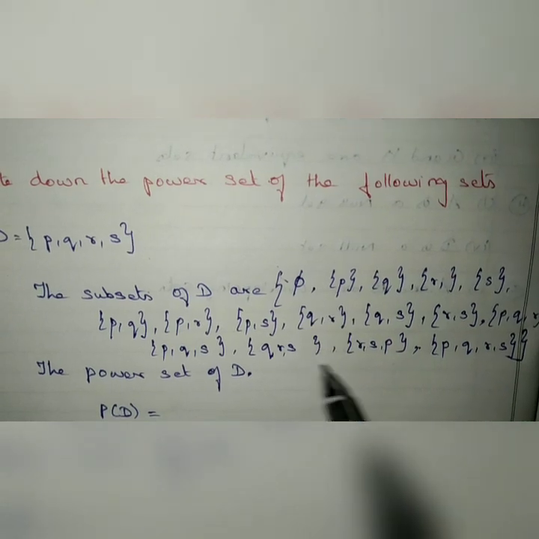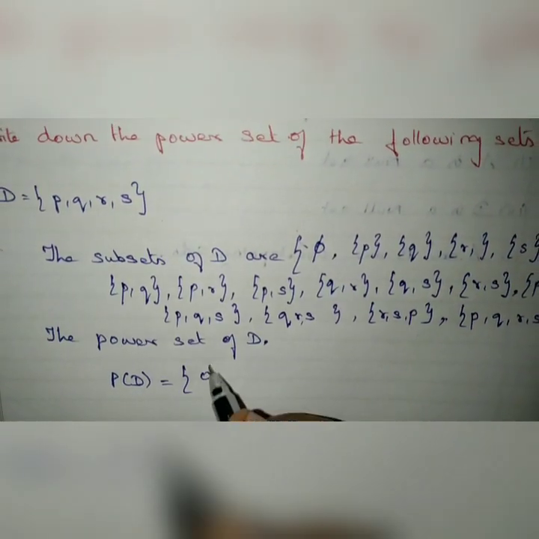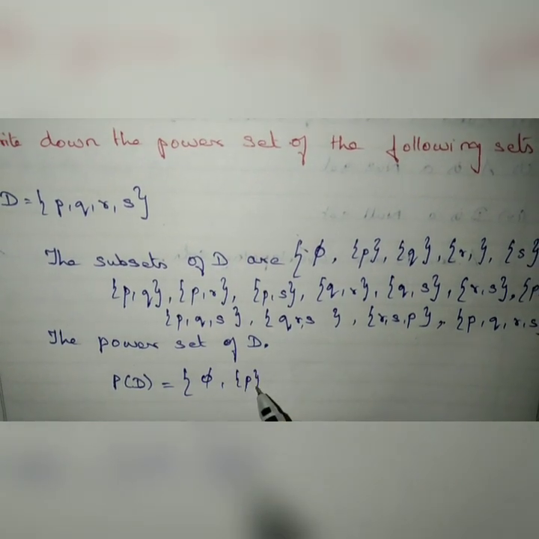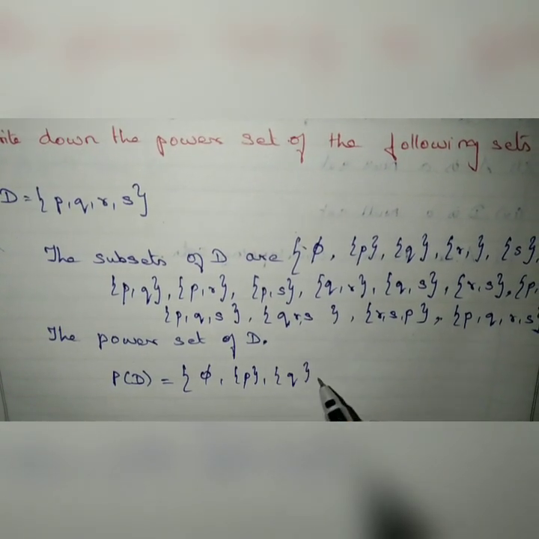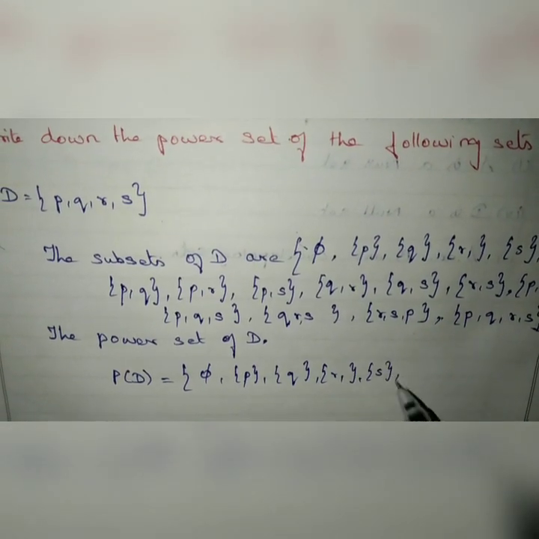All the subsets of D are the power set. So P of D is nothing but you should write the same: the empty set, singleton P, singleton Q, singleton R and singleton S set.